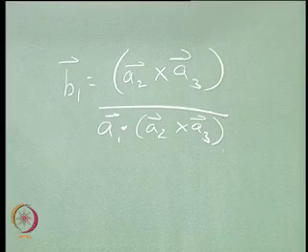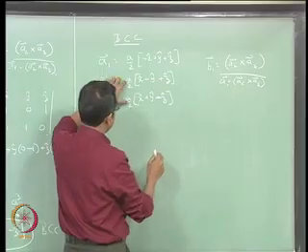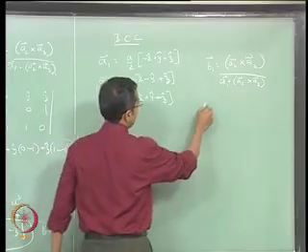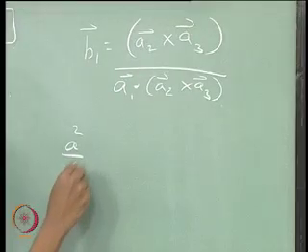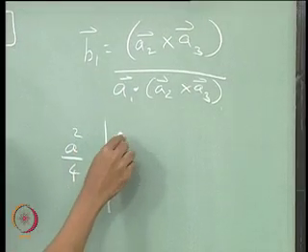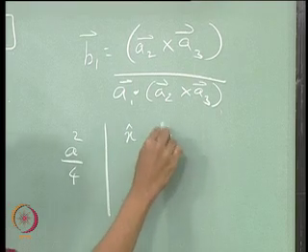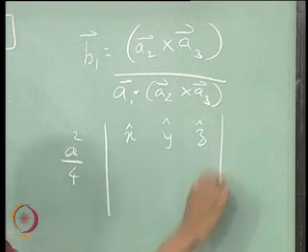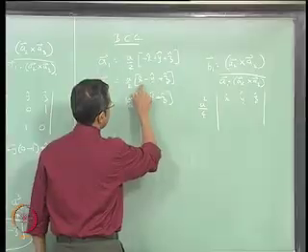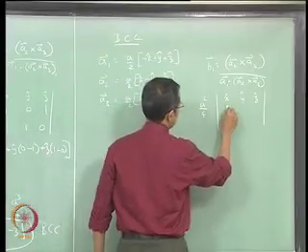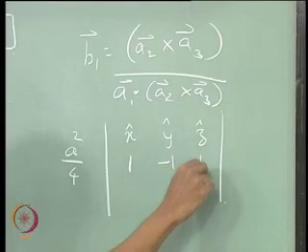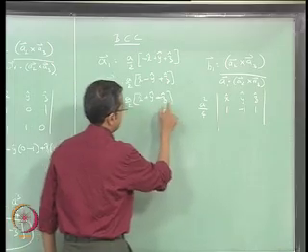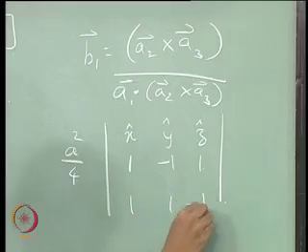We have to take a cross product of these two, that is a by 2 times a by 2 will become a square by 4, and we can write x cap, y cap, z cap, and this is plus 1 minus 1 plus 1, and this is plus 1 plus 1 minus 1.